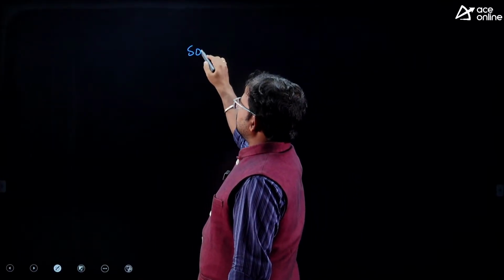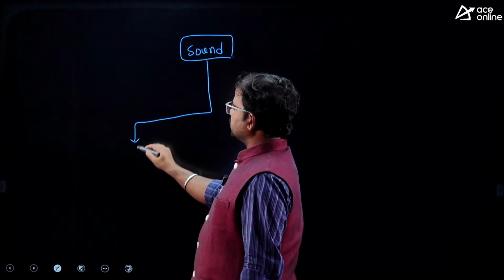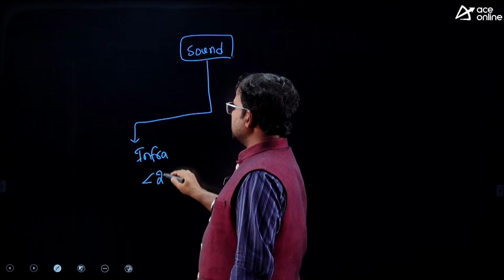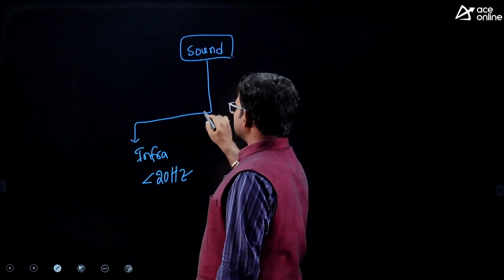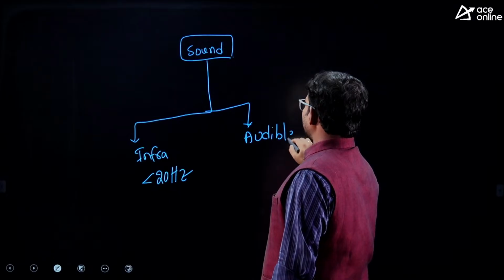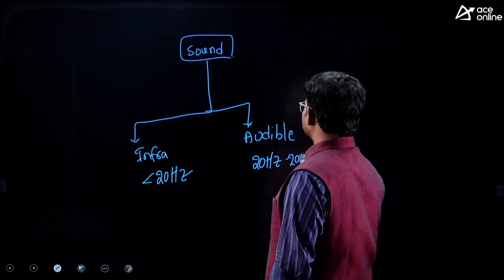Based on frequency, sound waves can be classified into 3 types. Infrasounds: frequency less than 20 hertz. Next, audible: frequency 20 hertz to 20,000 hertz.